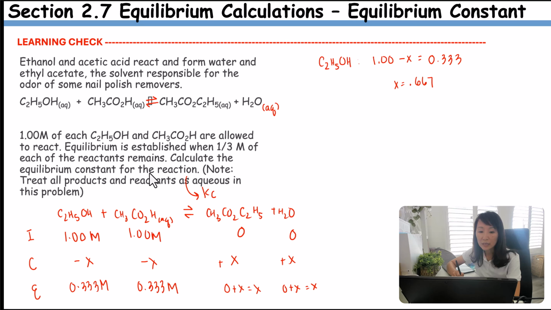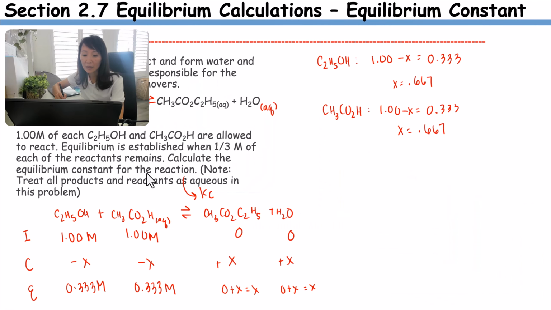And you will do the same for CH3CO2H, which means that you have 1.00 minus the x equaling 0.333, and therefore x is equal to 0.667. Now we know that so that is congruent. X is equal to 0.667.